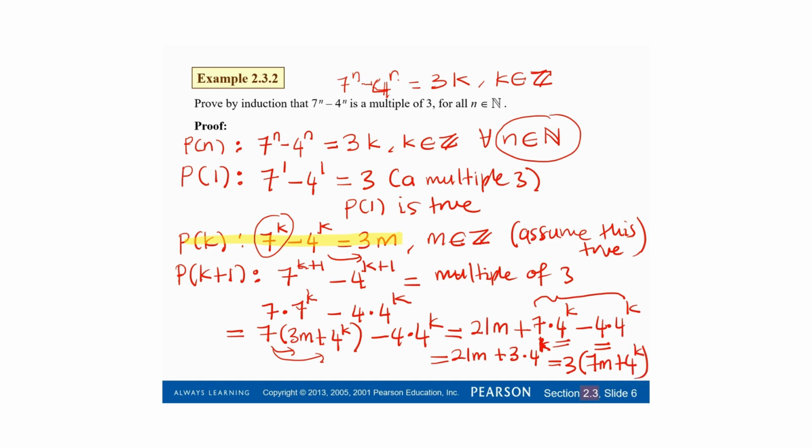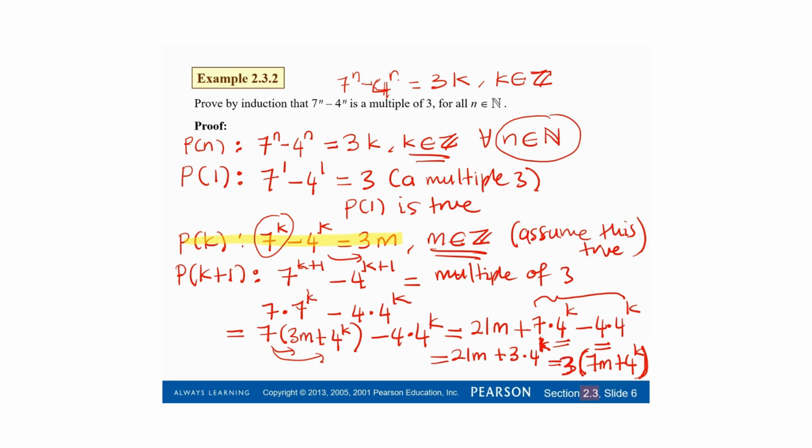Alright, so 3 multiplied by 7m plus 4 to the power of k, so we have the bracket here. Okay, where 7m, m is what? m is an integer, and our k is an integer, so the thing in the bracket actually becomes another integer. So that we have 3 multiplied by an integer.